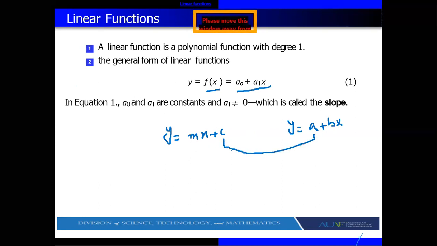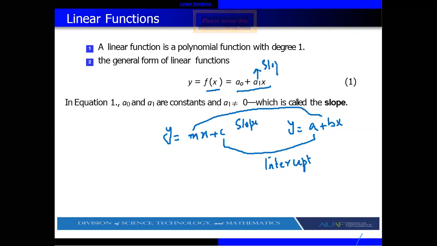This is called the intercept, and m or b are called the slope of the function. In this equation, a1 is the slope and a naught is the intercept. The main things are intercept and slope.